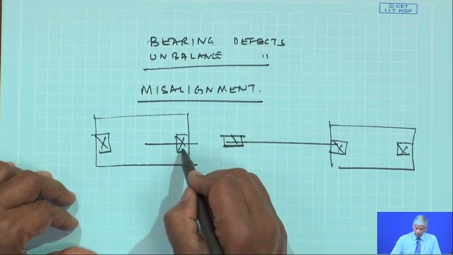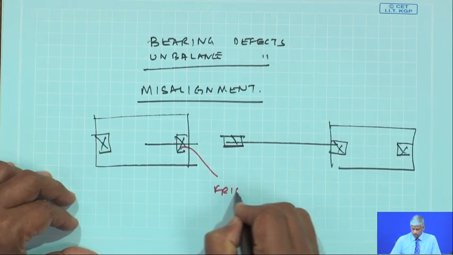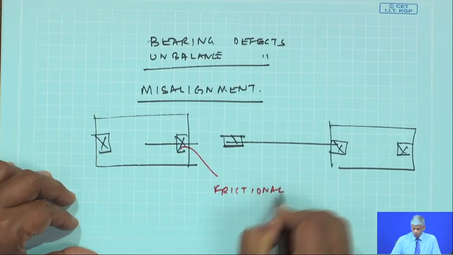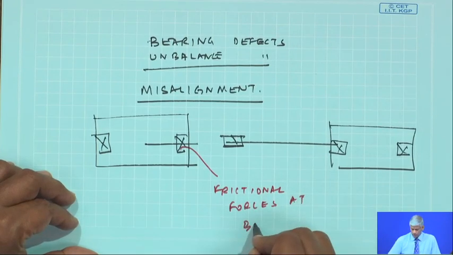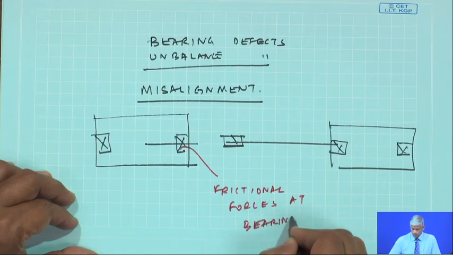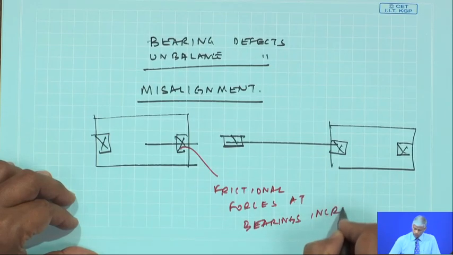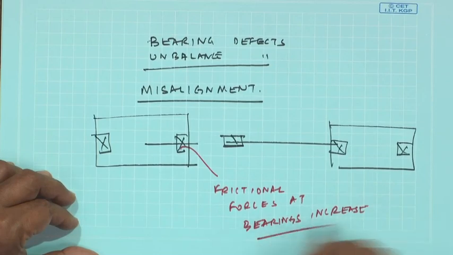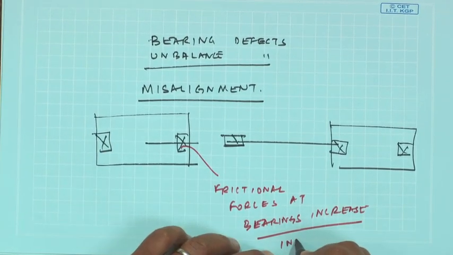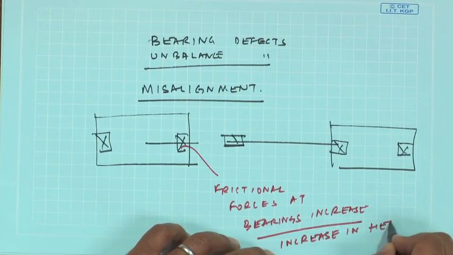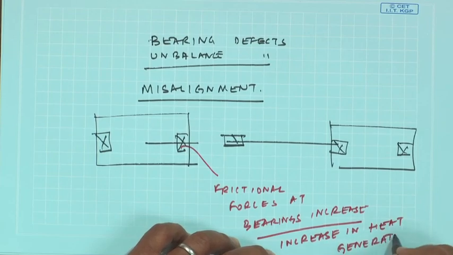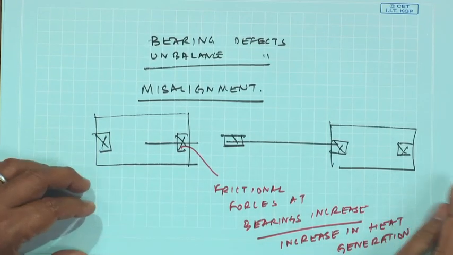The forces to the bearings increase, the frictional forces at bearings increase. So, this leads to an increase in heat generation at the bearings.